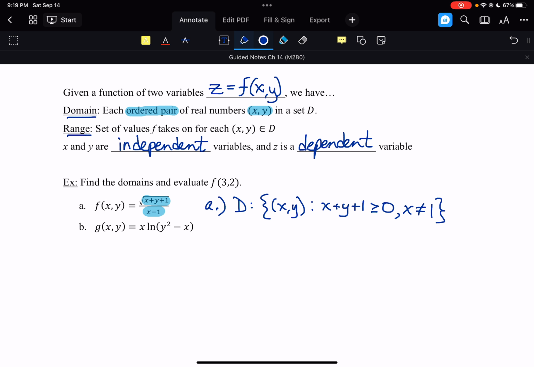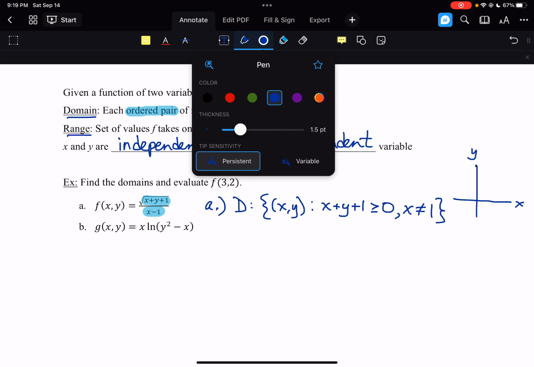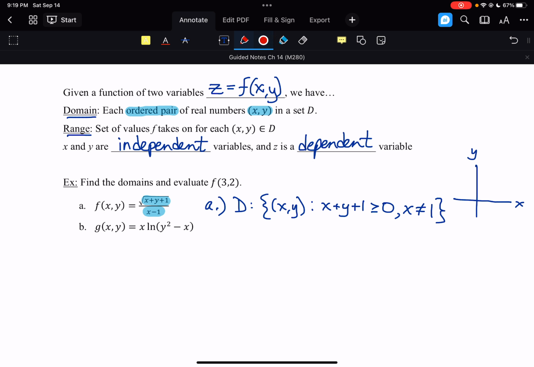If we wanted to visualize this graphically, we'll put a little graph right here. We would sketch the line, this gives us a line, somewhere kind of down here.